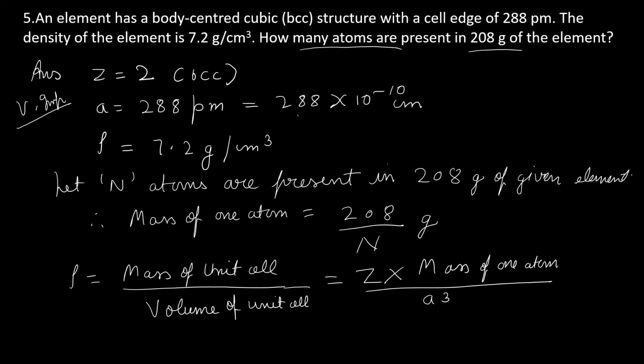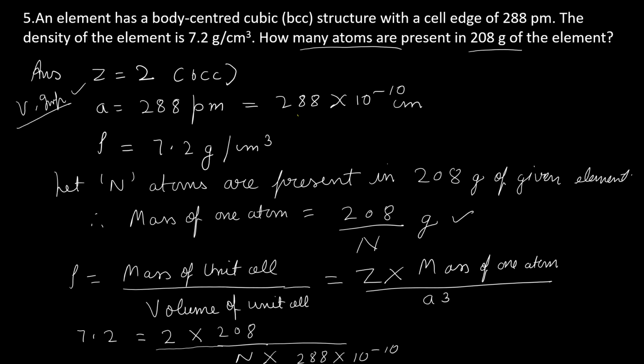Now density is given to you, 7.2. Z is also given to you, 2, because the solid is BCC. Then mass of one atom you have calculated, 208 upon n, and A cube is the volume of the unit cell, that is 288 into 10 raised to power minus 10 whole cube.